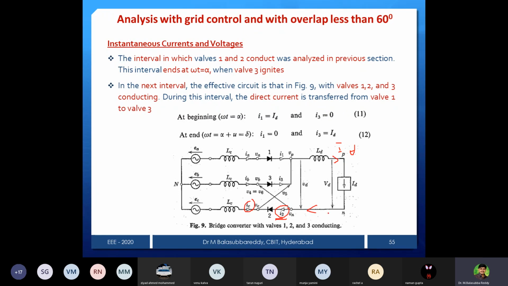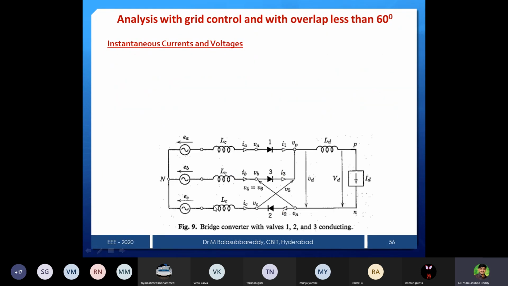You can see that ID is equal to minus IC. Then IA is equal to I1 current, and IB is equal to I3 current. Then you find all the valve voltages and currents, everything, by considering valves 1, 2 and 3 as conducting. Then what are your output voltages?